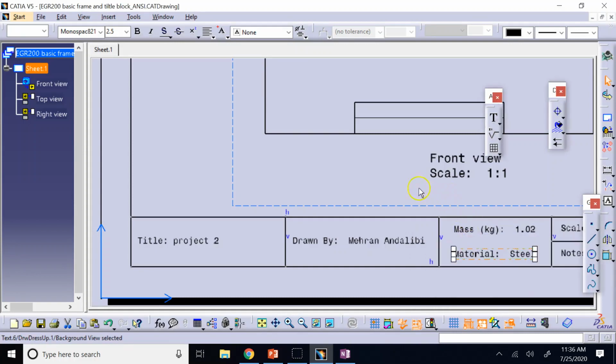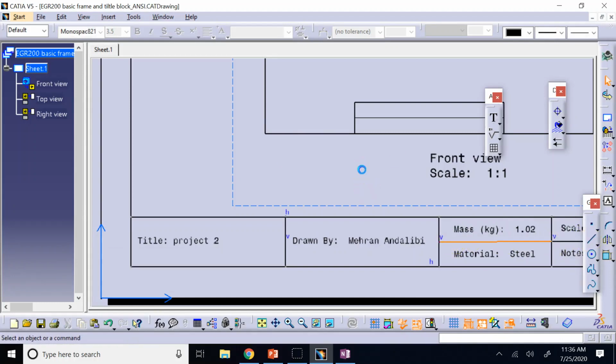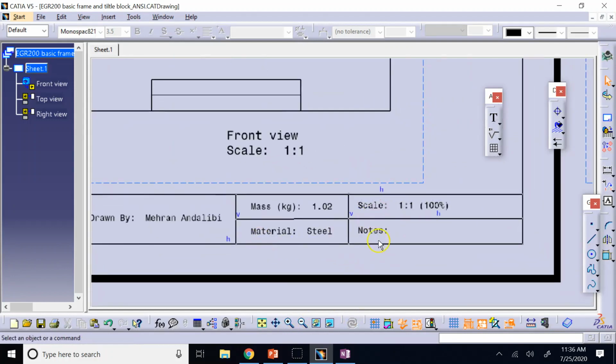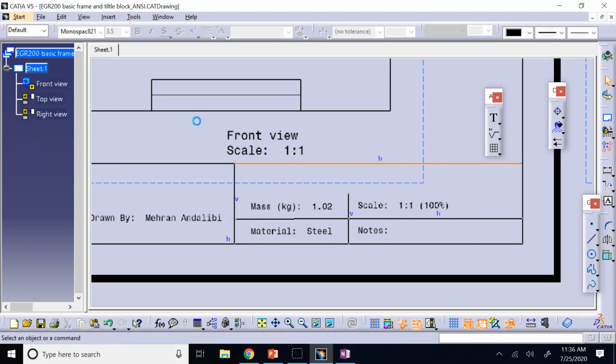Or aluminum or whatever. And you can add one more line here if you want. Right? So feel free to customize it, but this is way simpler. And then you have your scale, and then you have your notes. So you can add your note here. And if this room is not enough, feel free to make this whole thing a lot bigger. Yes?